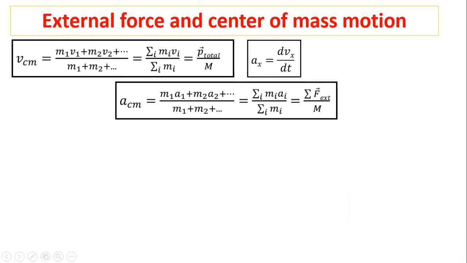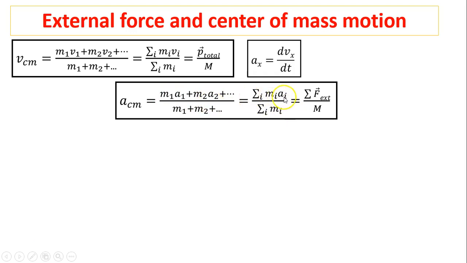Now let's take a look at external force and center of the mass. So we know V center of the mass is the mass weighted average, P divided by total M. A is dV over dt, so A center of the mass is the mass weighted average acceleration.